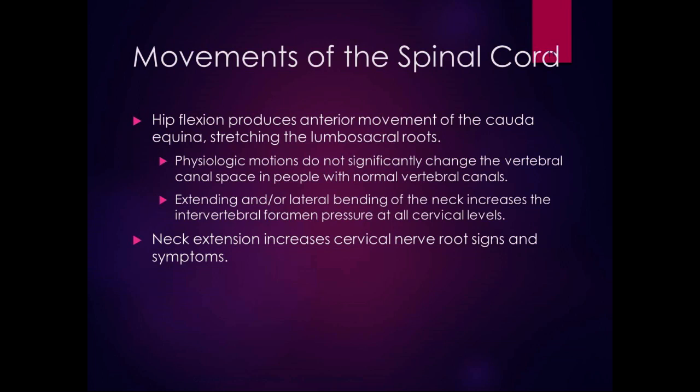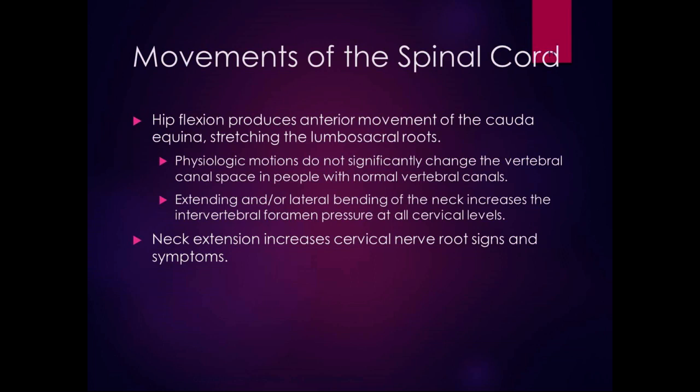So hip flexion produces anterior movement of the cauda equina, stretching the lumbosacral roots. Our regular physiological motions do not significantly change the vertebral canal space in people with normal vertebral canals, but as you'll find out in your orthopedics class this summer, in people with vertebral canal stenosis, you will see some differences in the vertebral canal space with normal physiological motions.